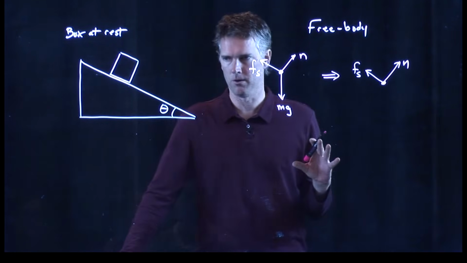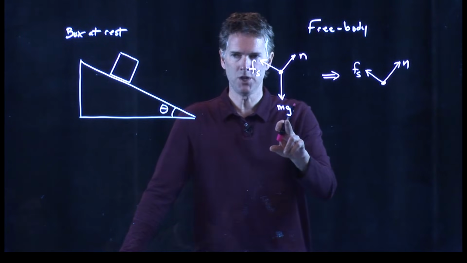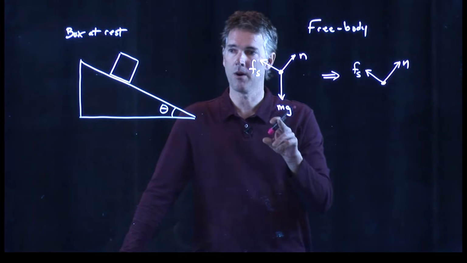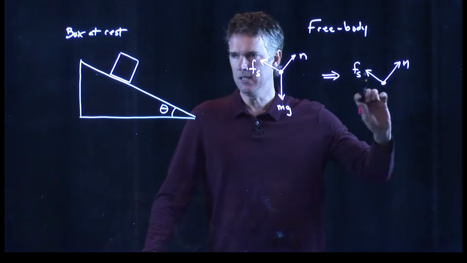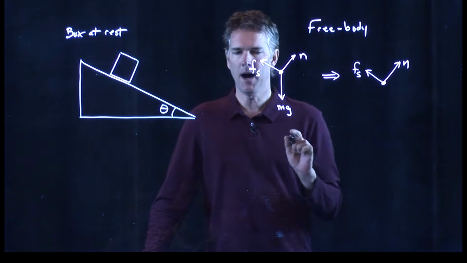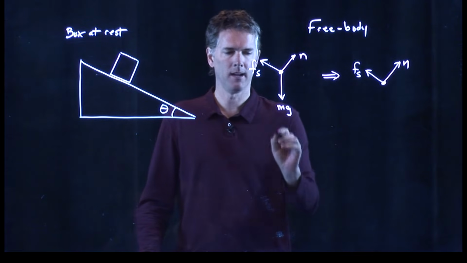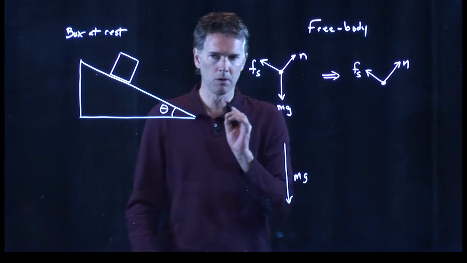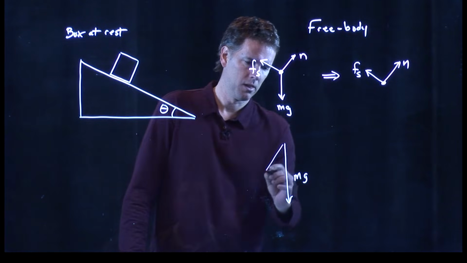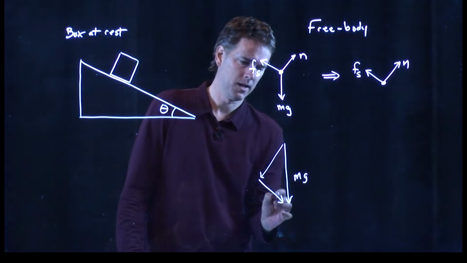We can leave them alone. But mg is the one that's causing the problem. mg is not aligned to either of those. But I can always break a vector into two components. That one and that one.